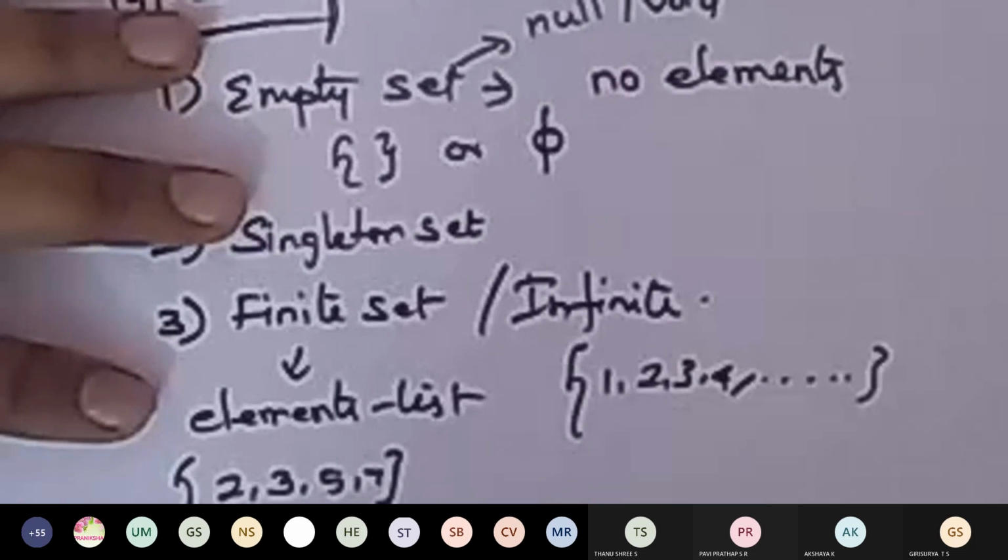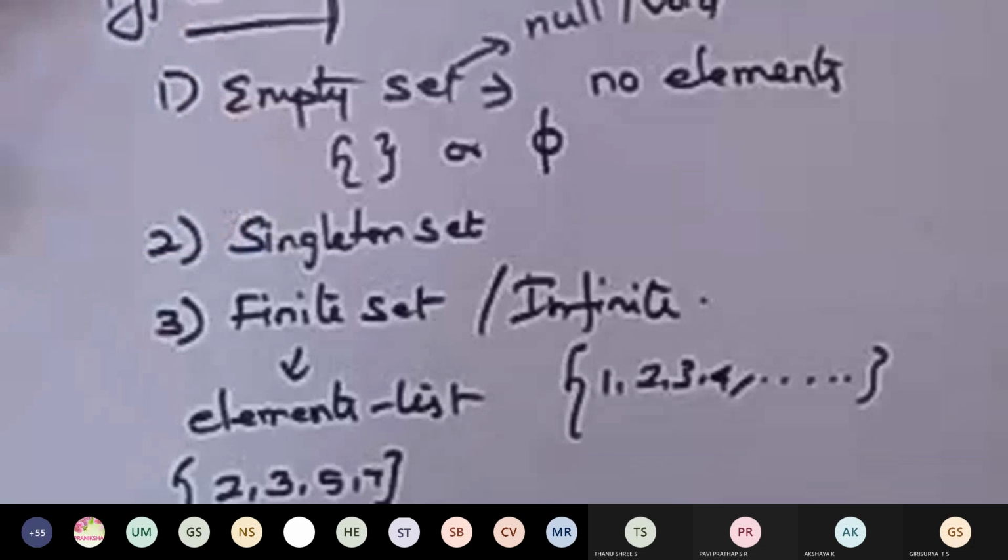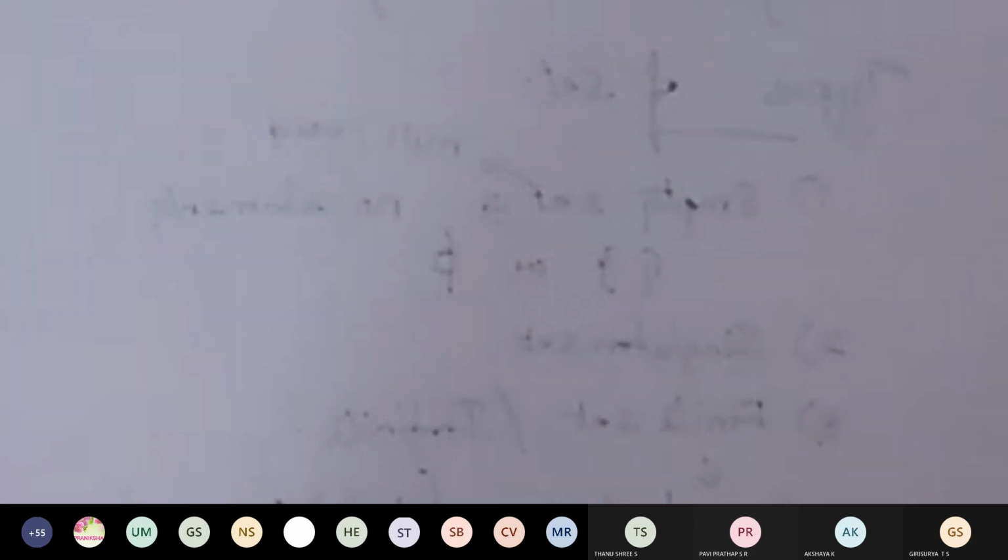See, both are not equal sets, but still they are called equivalent because the number of elements in set A is 3 and the number of elements in set B is 3. Then we can call them equivalent sets. These are all types of sets, and based on roster form and set builder form, we have solved exercise 1.1, and based on types of sets, we have solved exercise 1.2.